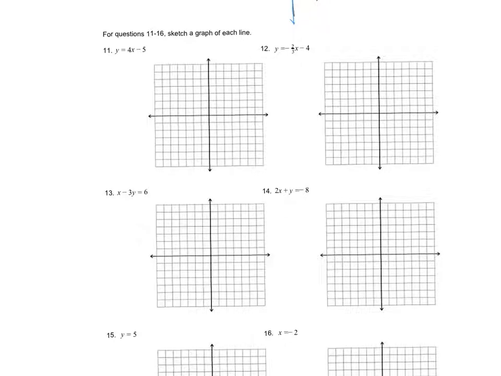But we've got these equations we want to sketch a graph of each line. So let's start with, I'll do number 11, number 13, and then probably both 15 and 16 at the bottom.